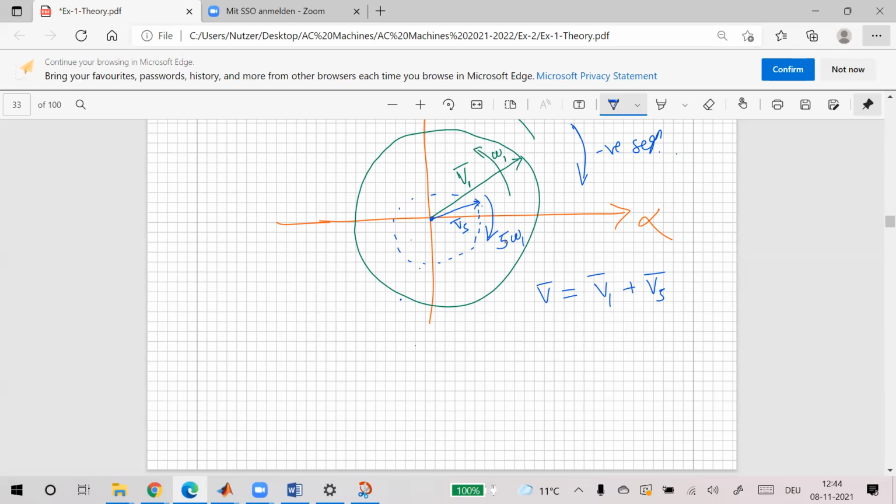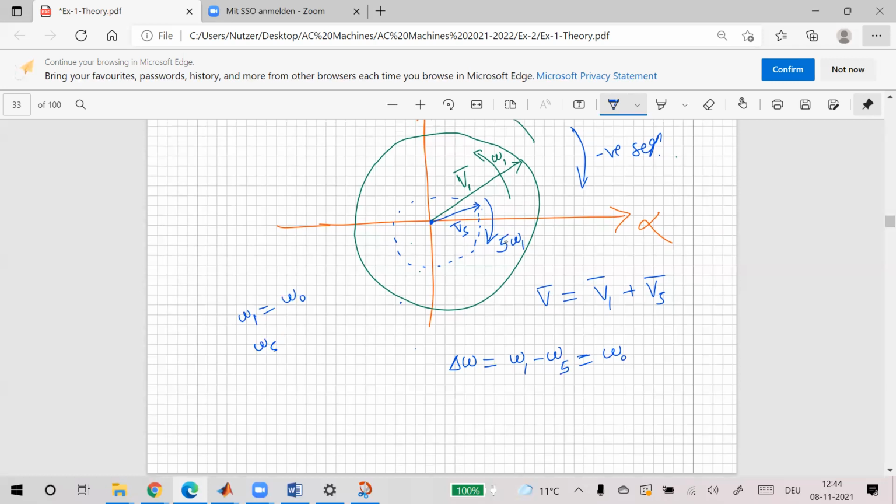So your delta omega is omega 1 minus omega 2, let's say omega 1 minus omega 5. Omega 1 is positive, let's say your omega naught. Omega 5 is minus 5 times omega naught.